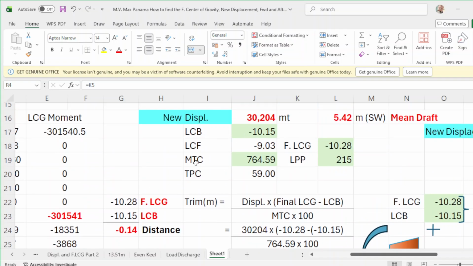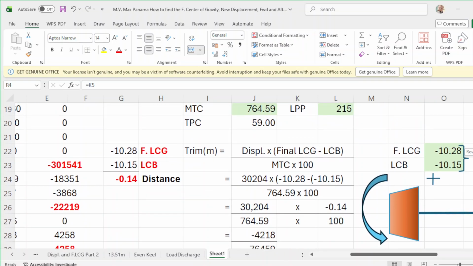Okay, according to how to get the trim, it is displacement, which is the displacement of 30204, times your final LCG, this one, minus your LCB, and the distance would be negative 0.14, over your MTC. MTC is 76459 times 100. So transpose now and do the equation.